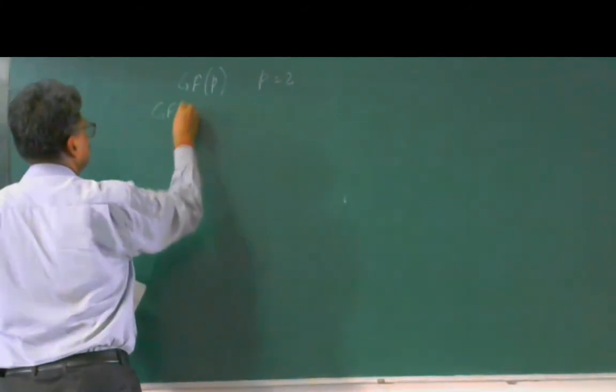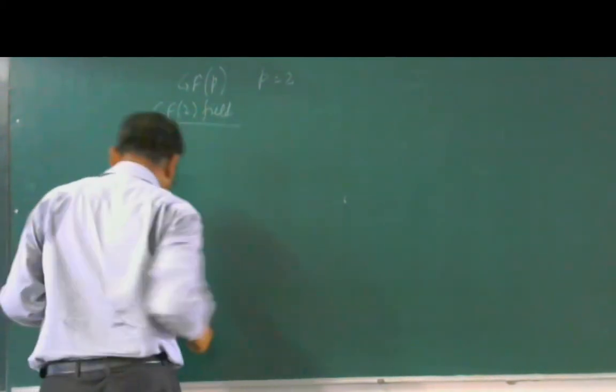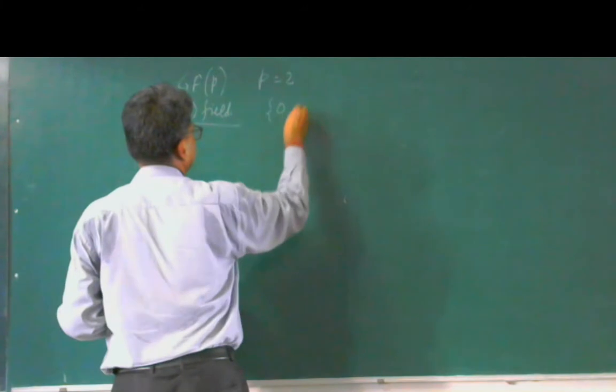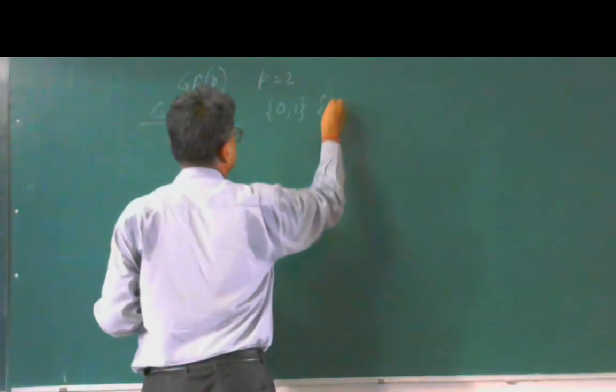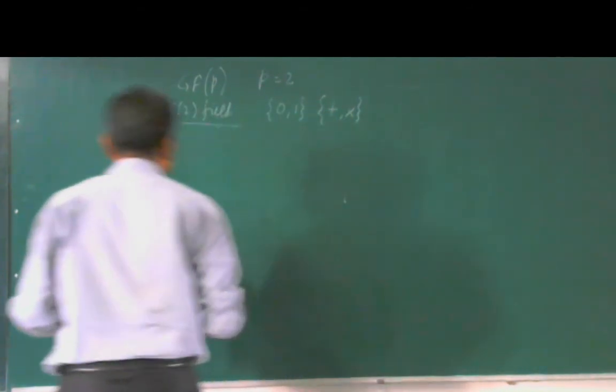So suppose we take the example GF(2). What will be the GF(2) field? This GF(2) field will have two elements, 0 and 1, and the operators defined are addition as well as multiplication.